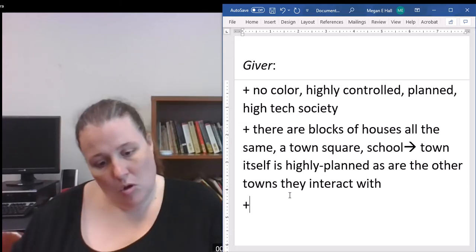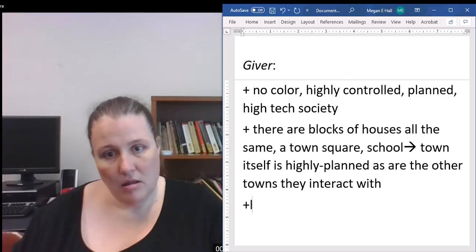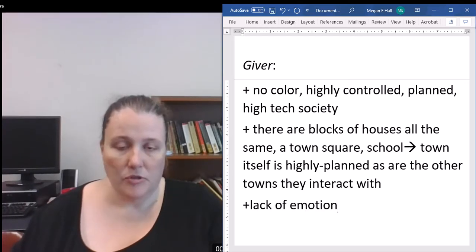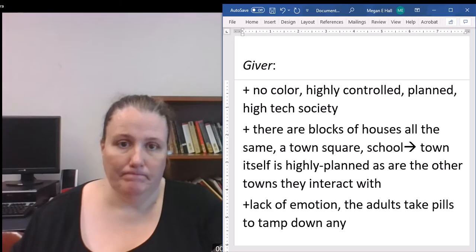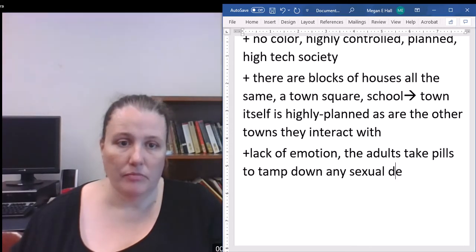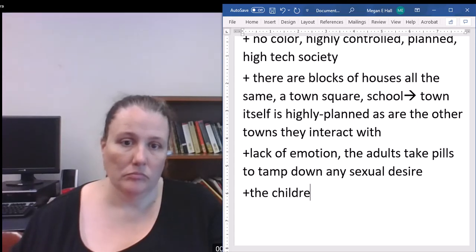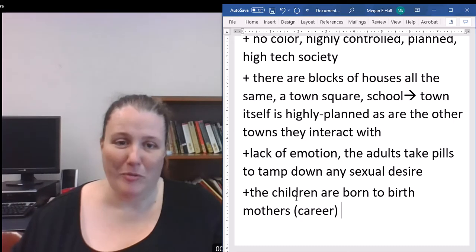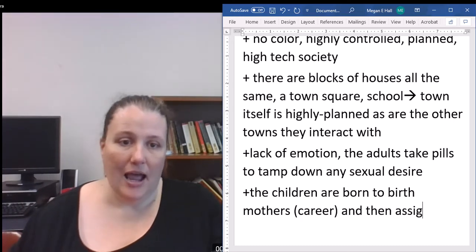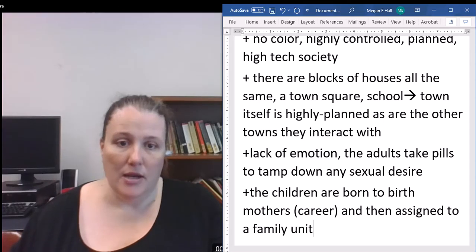Then we have a lack of emotion. So that's part of the social setting. The adults take pills to tamp down any sexual desire. So the children are born to birth mothers. That's a job that people have for a few years until they can't give birth anymore, and then assigned to a family unit.